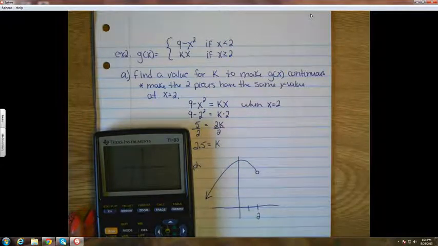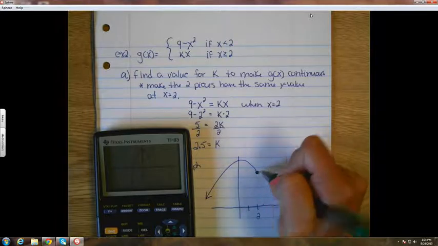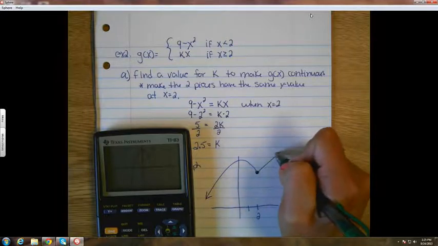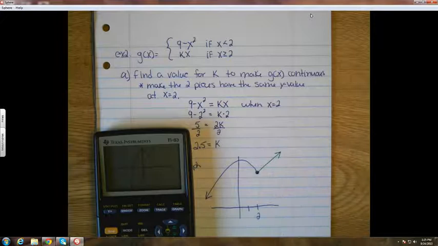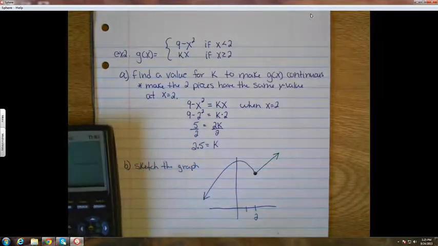Then the second part of it, the 2.5 fills in the circle, and then we've got our linear function. And that's definitely continuous.